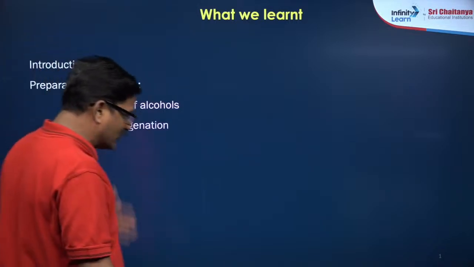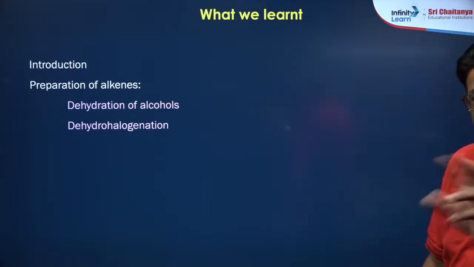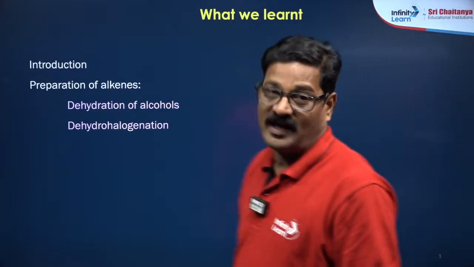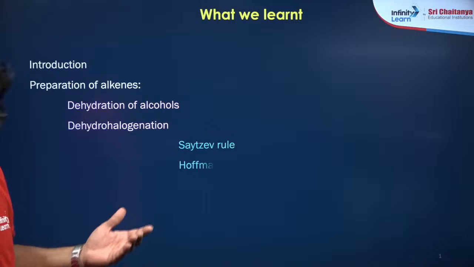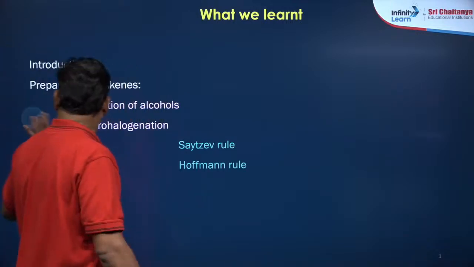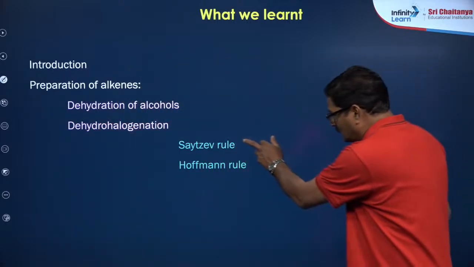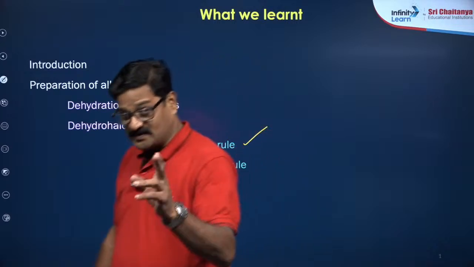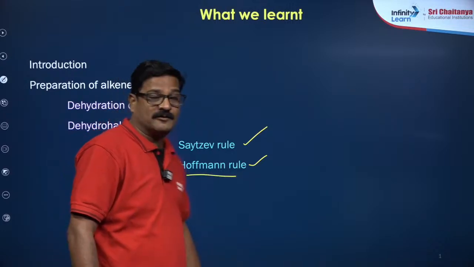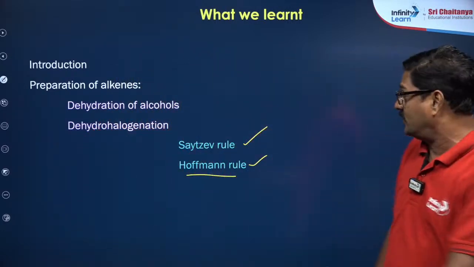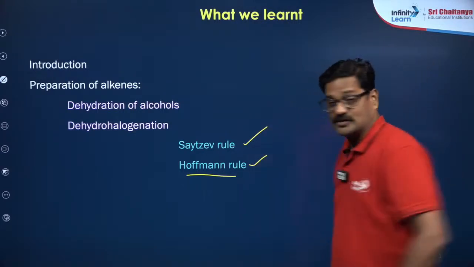Dehydrohalogenation means removal of halogen and hydrogen together from alkyl halides by using a suitable base, which follows Saytzeff's rule and Hofmann elimination. When do we use Saytzeff's rule and when the Hofmann rule? In general cases we use Saytzeff's rule, and whenever the base is bulky or the leaving group is a poor leaving group, we use the Hofmann rule. The more substituted alkene is the product according to Saytzeff's rule, and the less substituted alkene is the product according to the Hofmann rule.